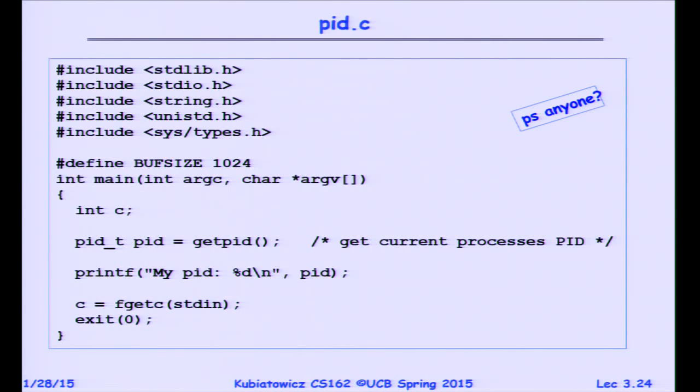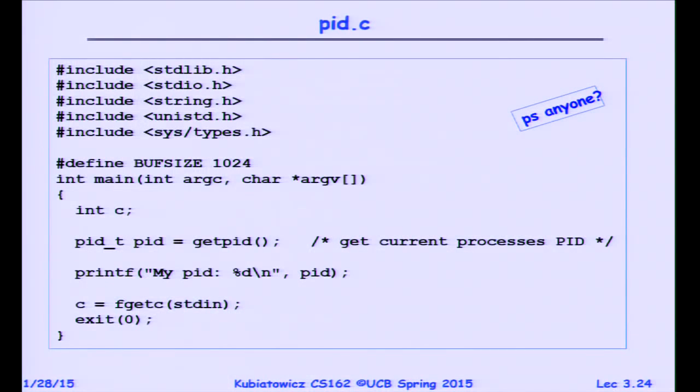Okay? Now, can a process create a process? Certainly. How do you do that? Yes? Sure. Previous slide. What's happening at the bottom when you do the get character from standard in? So this is actually waiting until you press a character, at which point it exits.